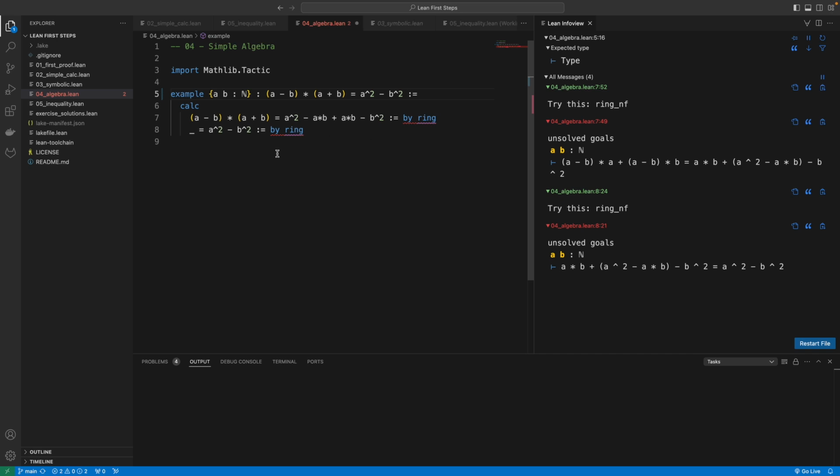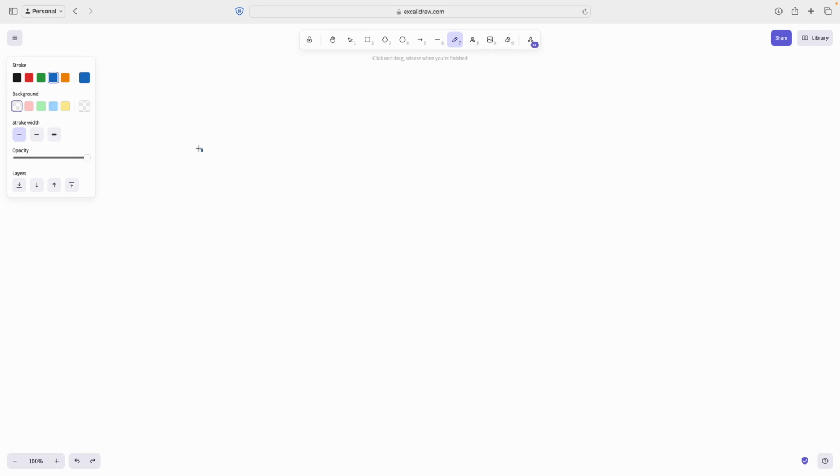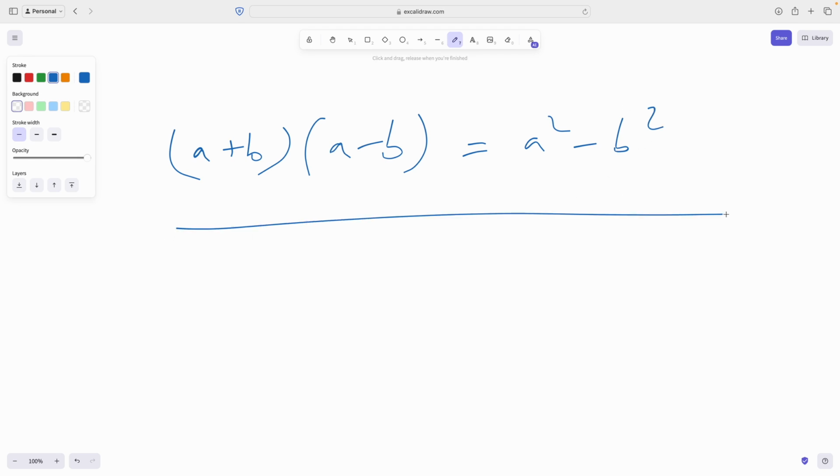Why is it the case that if A and B, well, let's draw a picture. So we've said A plus B times A minus B equals A squared minus B squared, the standard identity for the difference of two squares. And we've also said that A and B are integers.